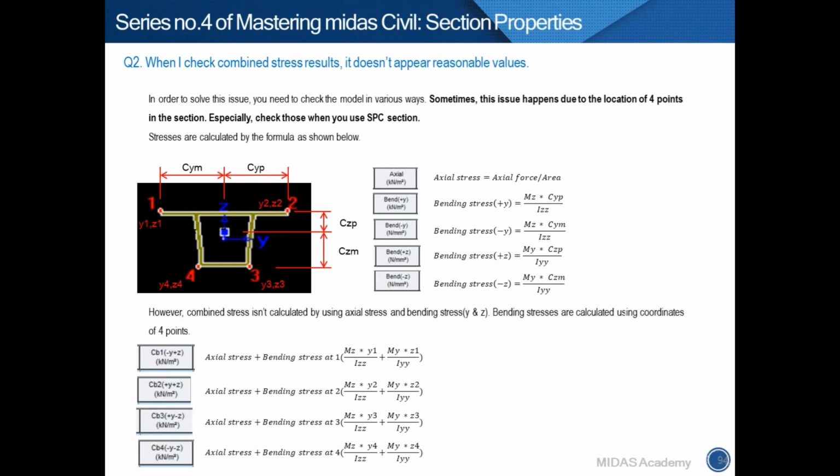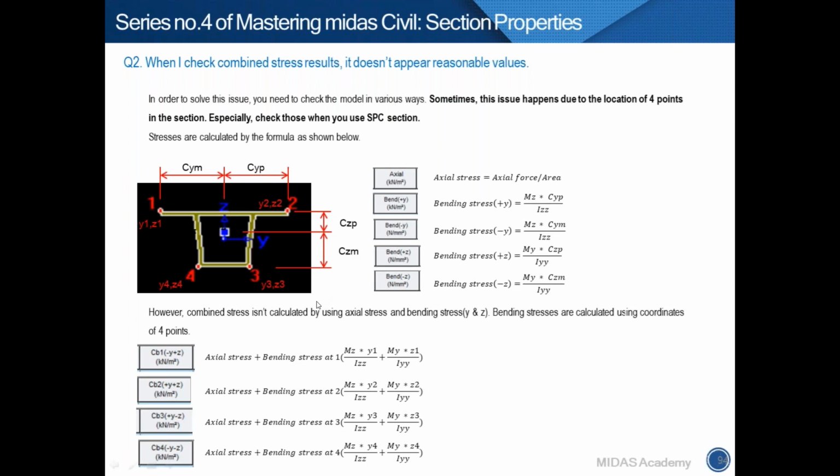So to solve this issue, we need to check the model in various ways, but sometimes you can find the solution in the section properties, because before checking the region, we need to understand how to calculate the stress ledgers in MIDAS-CIVIL.